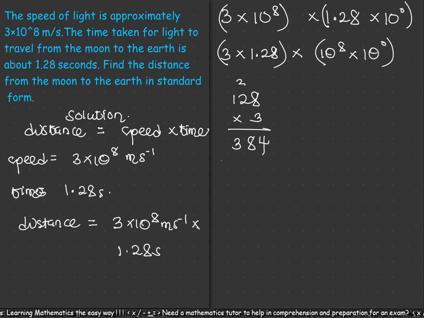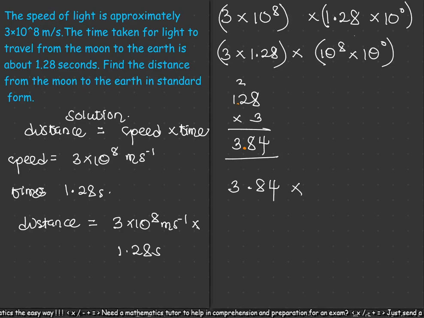If you're able to evaluate, then you check how many decimal places you have in total. This has none, whilst this has 2. So we are just going to move it twice so that we put our decimal over here. You get it? So then we can say 3 times 1.28 is giving us 3.84.